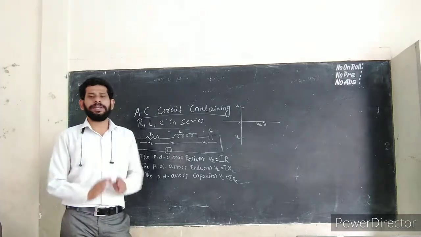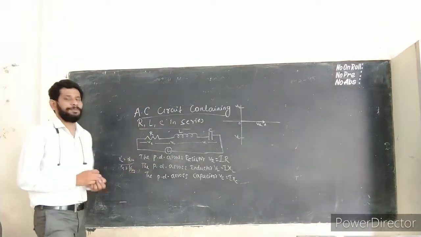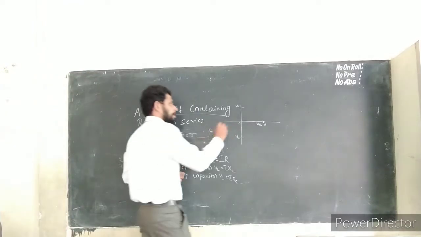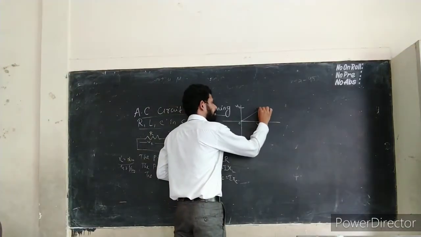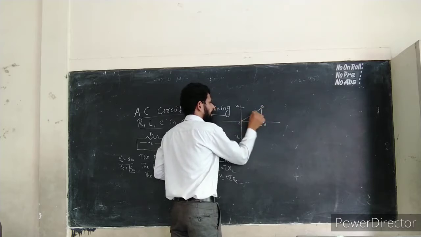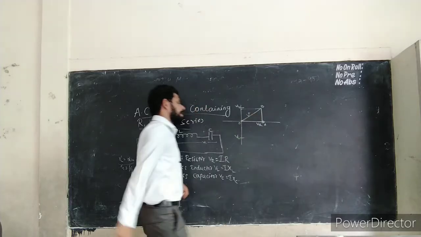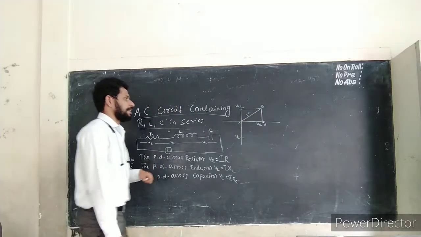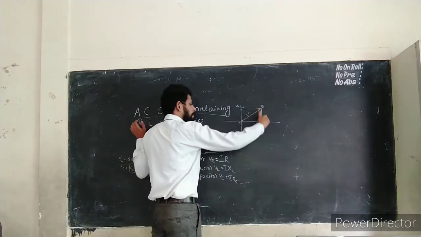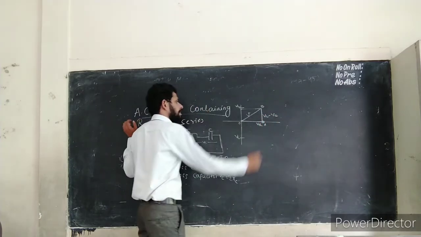Now I have to calculate the total potential across this circuit. Let B be the point, and this is A. Here we have to take the total potential. The range of this one we can take as VL minus VC.